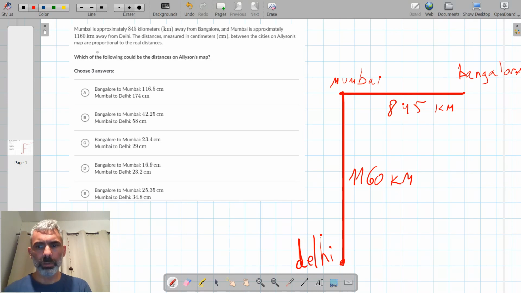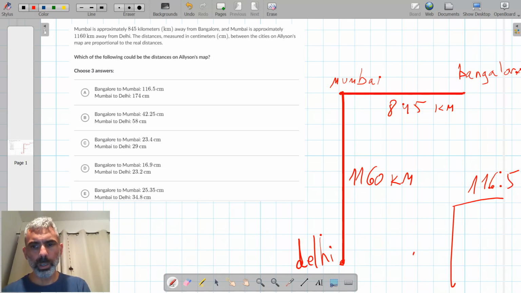So on Alison's map, we have here option A, Bangalore to Mumbai 116.5 and 174 from Mumbai to Delhi. So this to this needs to have the same ratio.